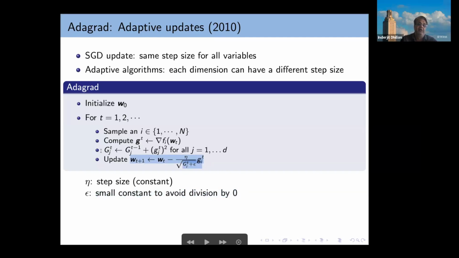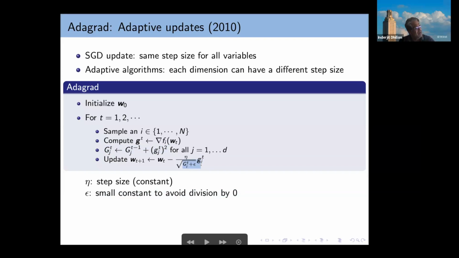If you look at it, this has the scale of G. This is G squared, and you take the square root of it. So in a way, this is a little bit like dimensionless. This G divided by the square root of G squared is essentially a dimensionless quantity, right?